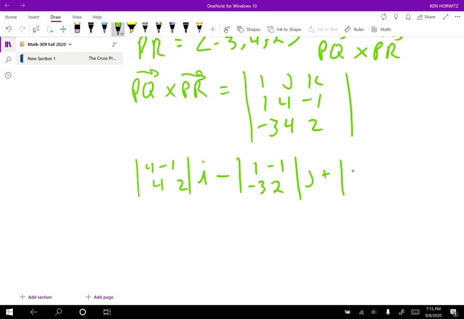Plus the determinant of 1, 4, negative 3, 4, times k. And when you do the determinants, you wind up with an answer of 12i plus j plus 16k, which would be orthogonal to both.